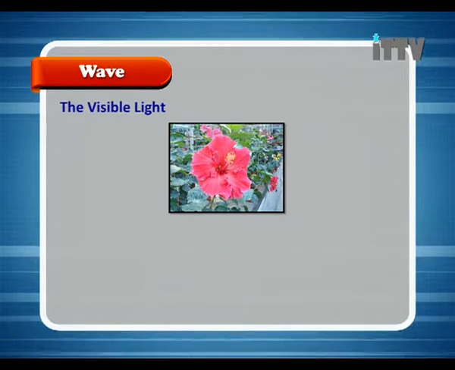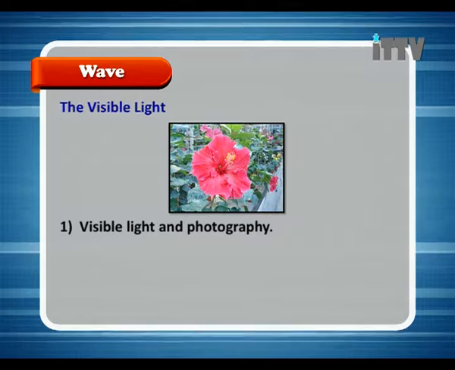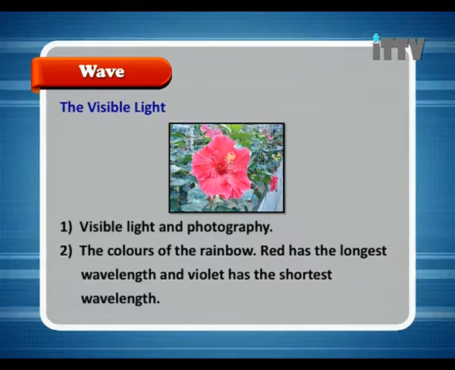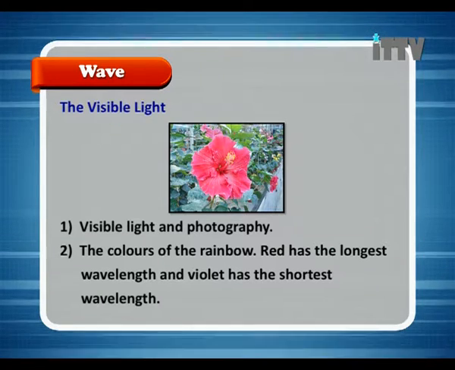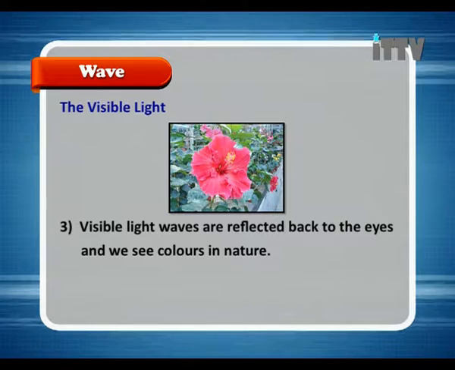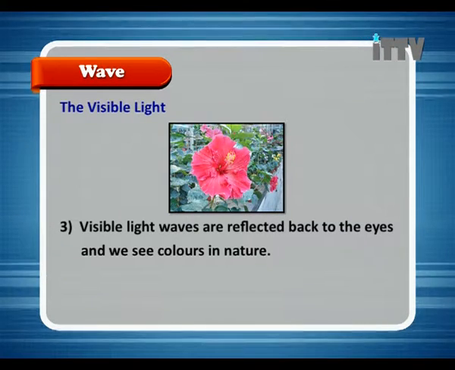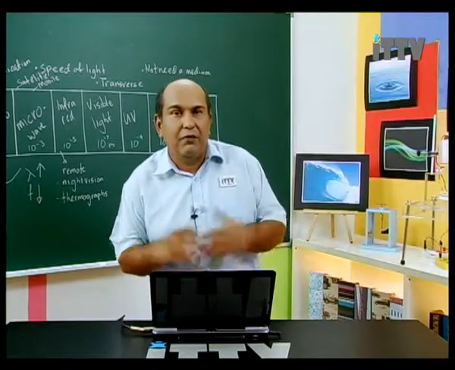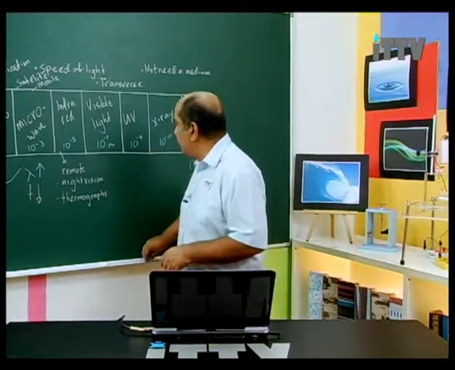The visible light. Visible light and photography. The colors of the rainbow. Red has the longest wavelength and violet has the shortest wavelength. Visible light waves are reflected back to the eyes and we can see colors in nature. So basically, our visible light has one main function.